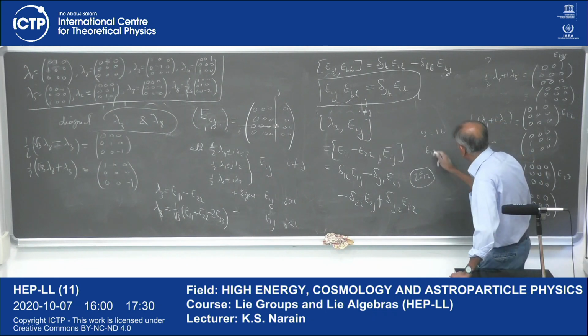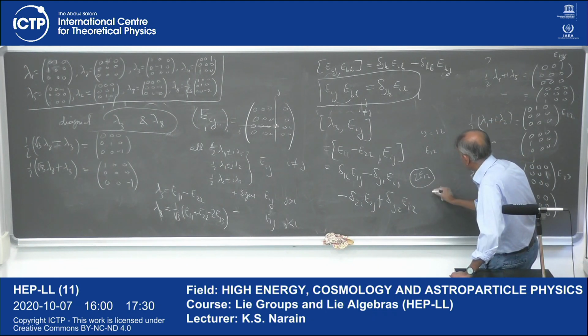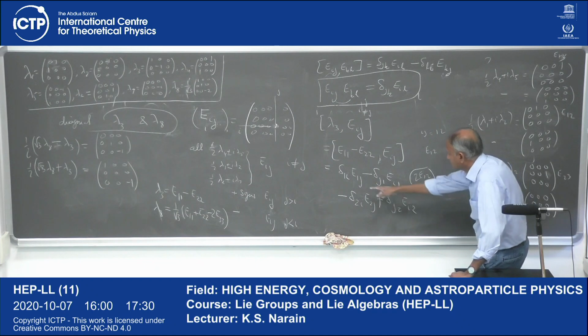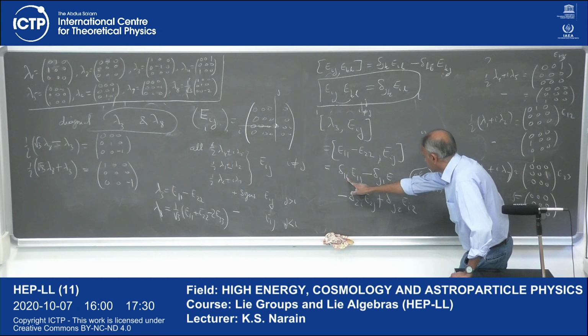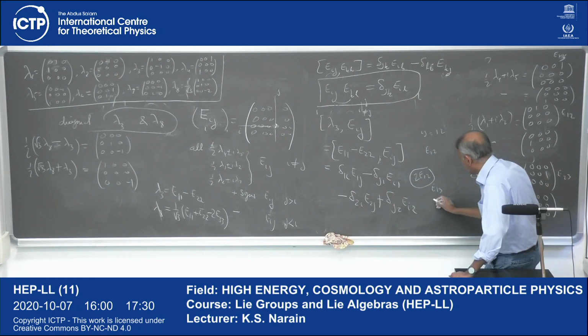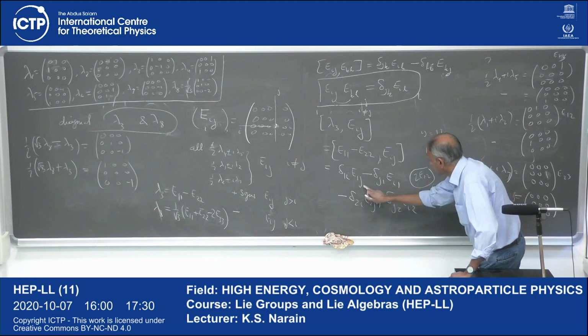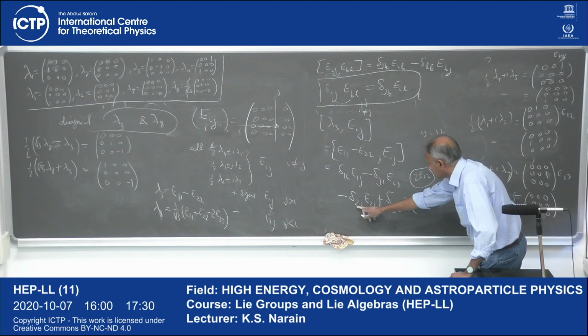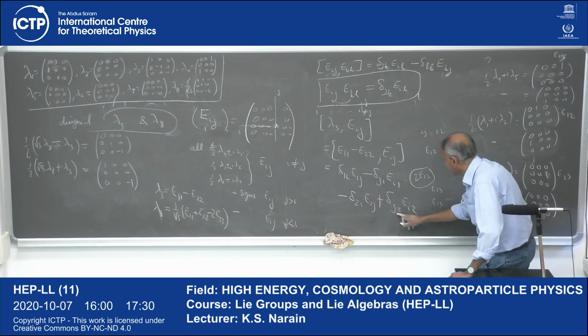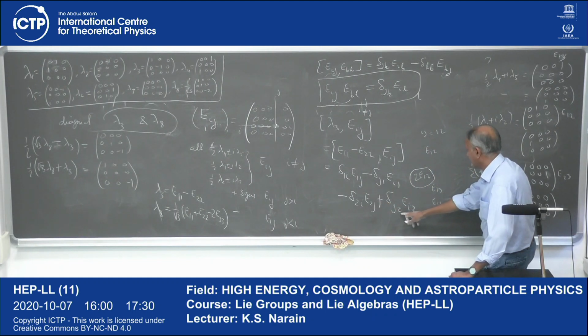And same thing you can do also for, let's say, 1, 3. If I look at E13, the first term gives you E13, right? i is 1 and j is 3. This one is vanishing, and here this also vanishes, and that also vanishes, right?